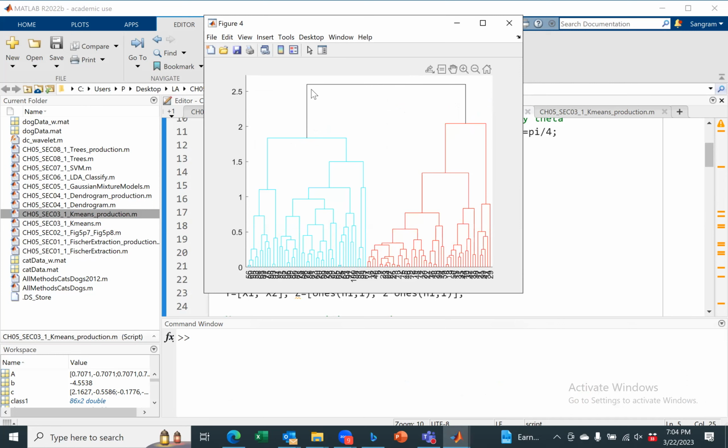Then I go a step down further and notice that there are partitions, so I separate out these clusters. Then I go one more step deeper and separate out the clusters. And then I perform something called distance-based classification. This distance-based classification could be Euclidean distance, squared Euclidean distance, Manhattan distance, or Mahalanobis distance.